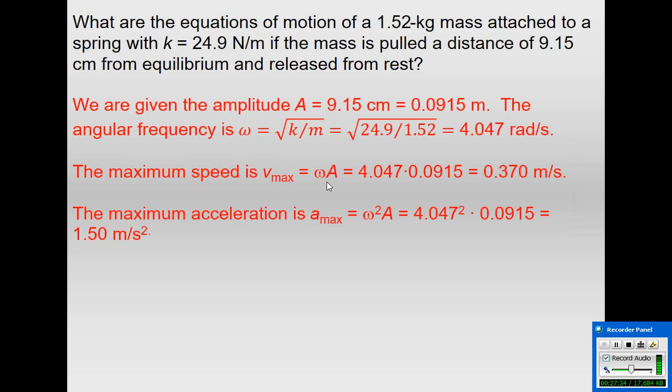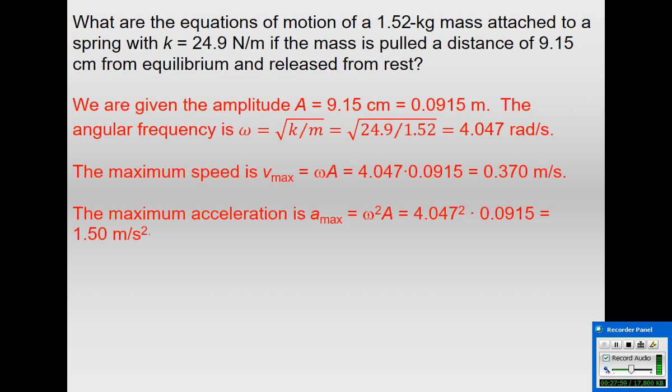Sine never gets larger than 1. So omega times A times sine never gets larger than omega times A. The maximum speed is omega times A, and omega is 4.047, and A is 0.0915 meters, and so the maximum speed of this object is 0.370 meters per second.